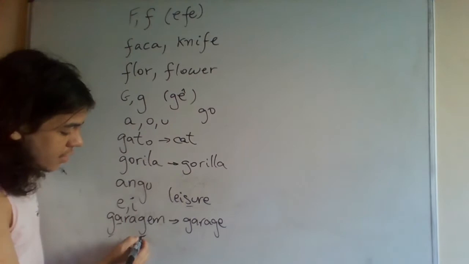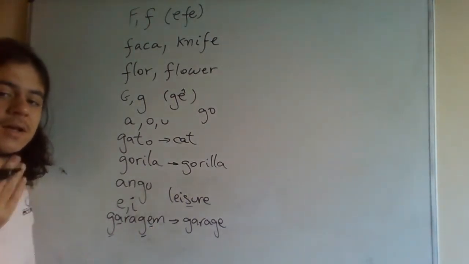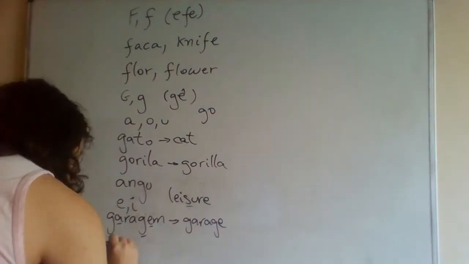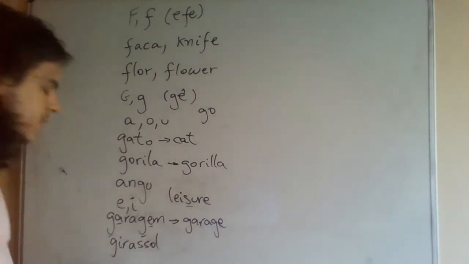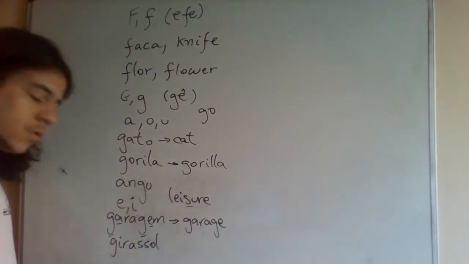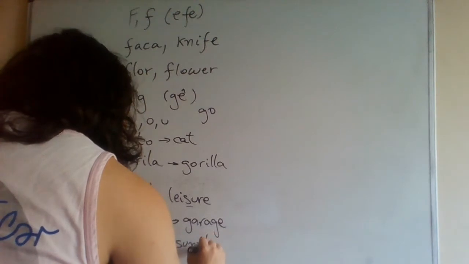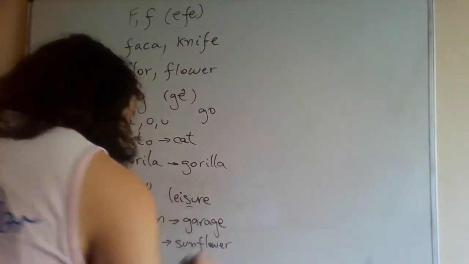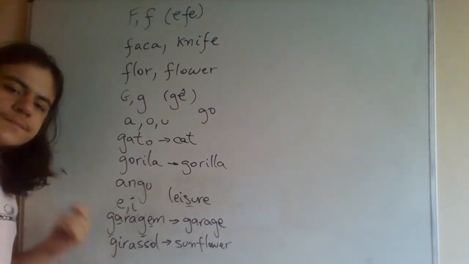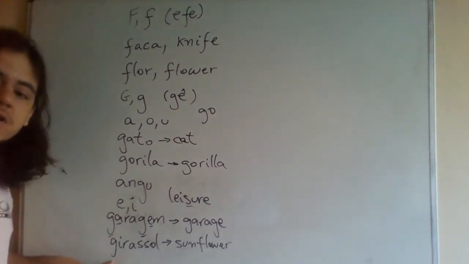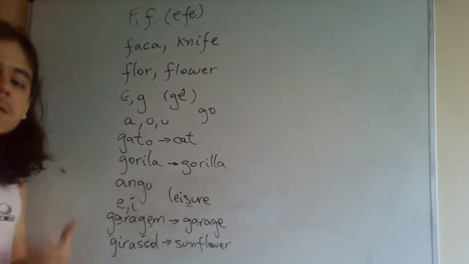And here before letter E, soft sound, J. Garagem. And another example, girassol. Girassol, it's a flower. Sunflower in English. Girassol. So here letter G before letter I, soft sound, G.